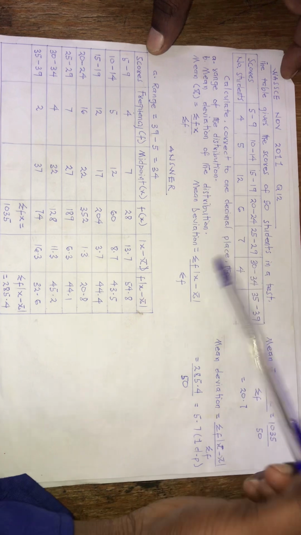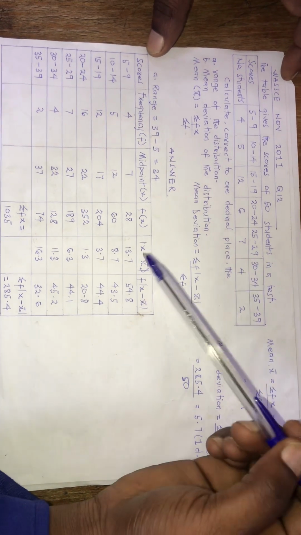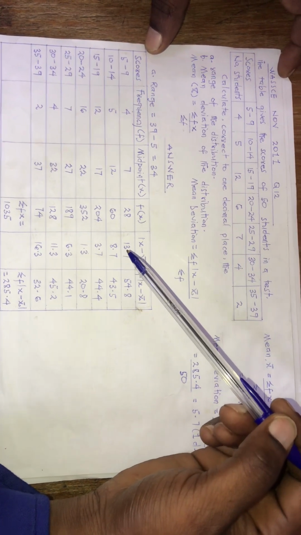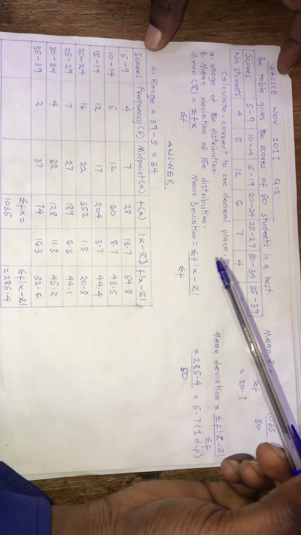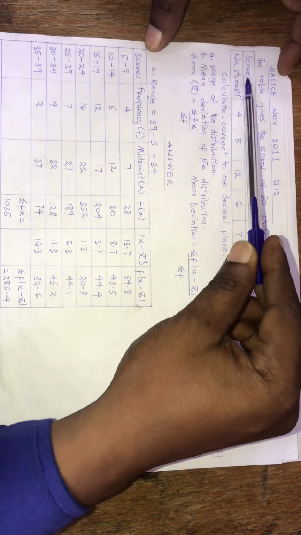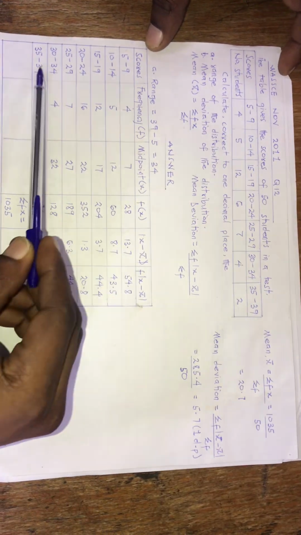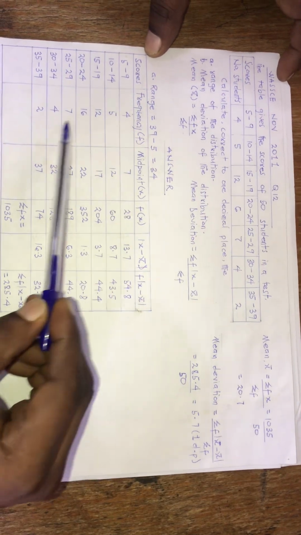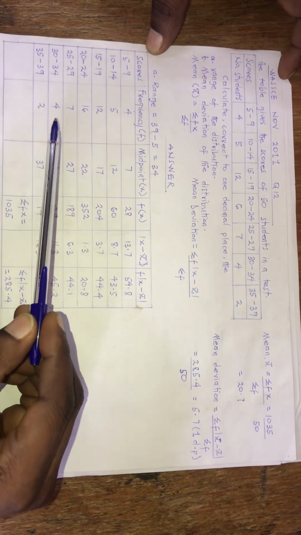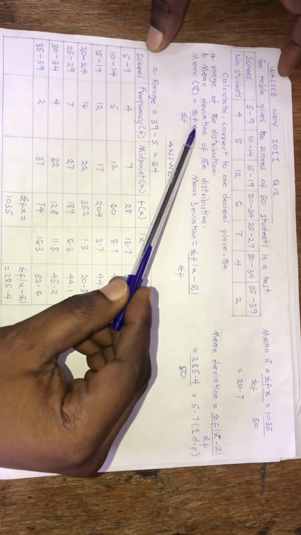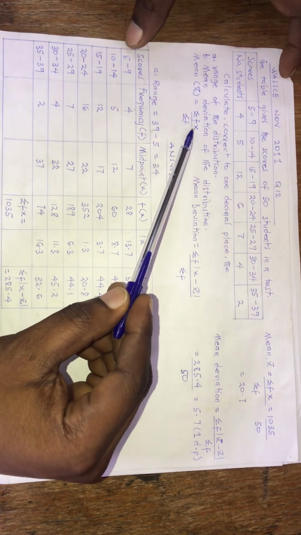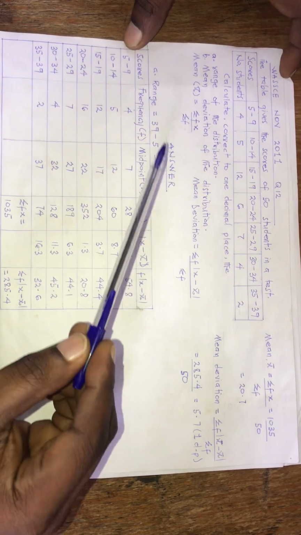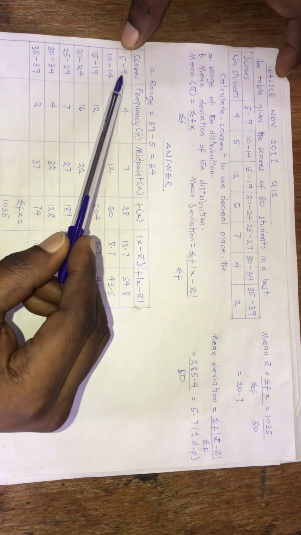With this formula, we need to construct our table so that we can get the numbers and fit them into the formula. First, we have our score, which is in the table. Second, we have our frequency, which we also have in the table. The next thing is to find our x, and we get it from the class interval.